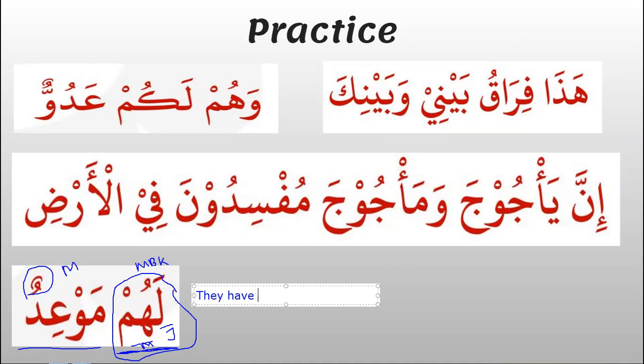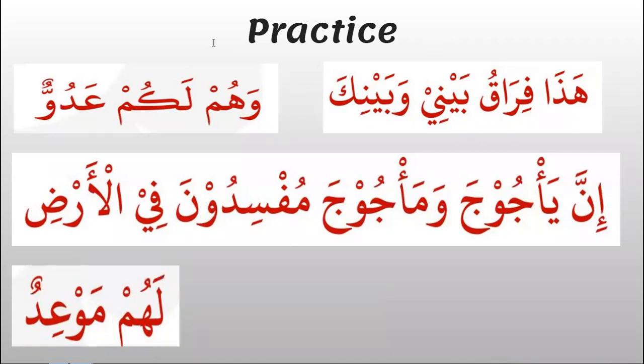So if lahum is muta'alliq bil khabar and it is coming before the mubtada, only in that case you can translate it as they have. They have an appointment. You got it?